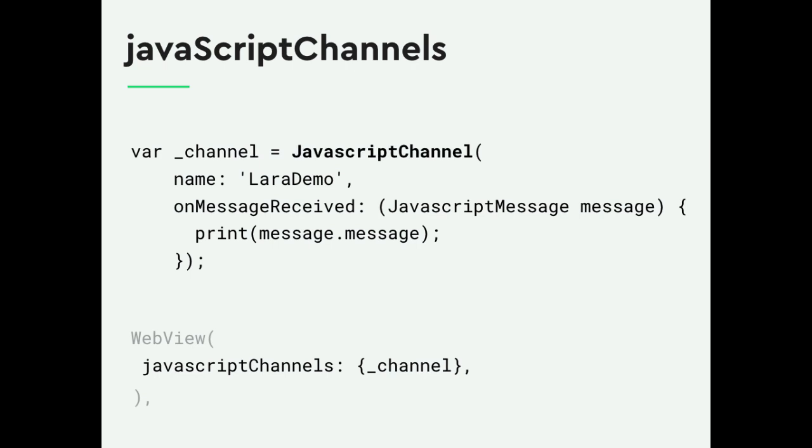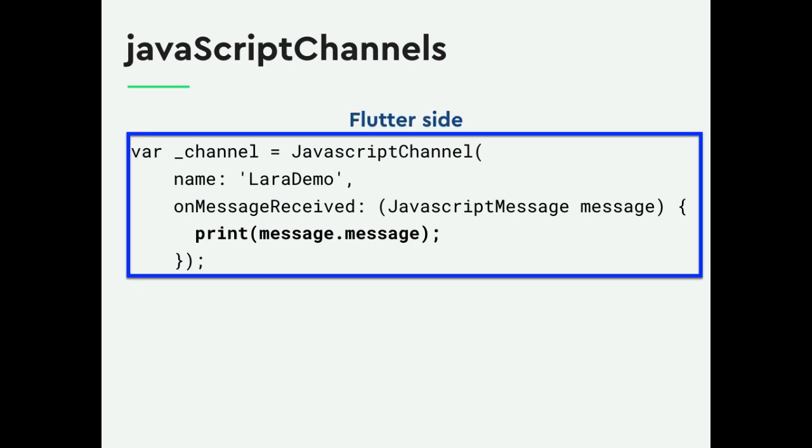This is basically how you define a channel, the communication from JavaScript to Flutter. You have a name, in this case Lara Demo, and then the message I'm going to receive, the JavaScript message. With that message, you can do whatever you want. In this case, I'm just printing. I only wanted to see if it was working. How does it work? This is the Flutter side, what we coded in our application on Flutter.